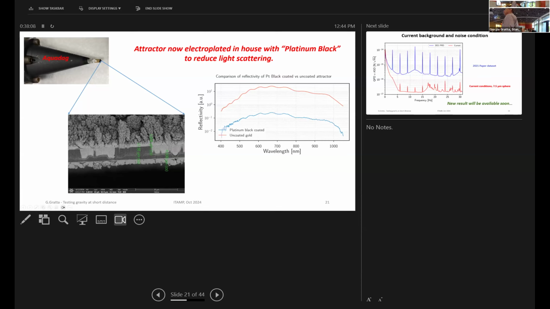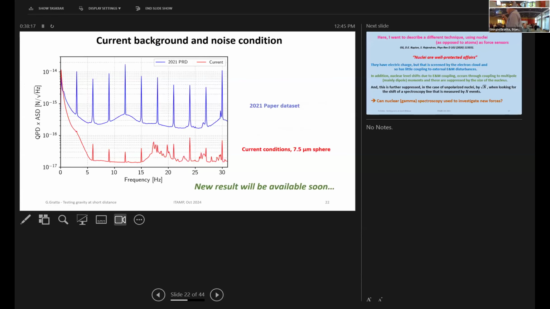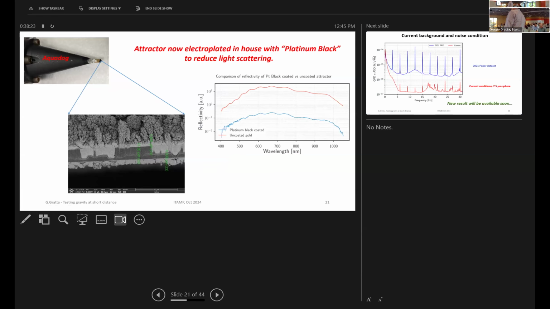Now, it turns out that macroscopic things can be sprayed with Aquadag, and old timers may know what this is. But this is very hard to do with this thin, 10 micron thick thing. And so we've learned to deposit platinum black, which is what happens when you electroplate platinum, and you don't know what you're doing, but in a very specific way.